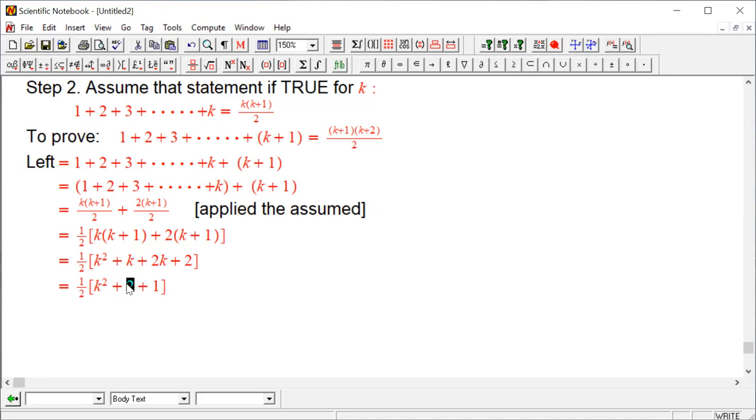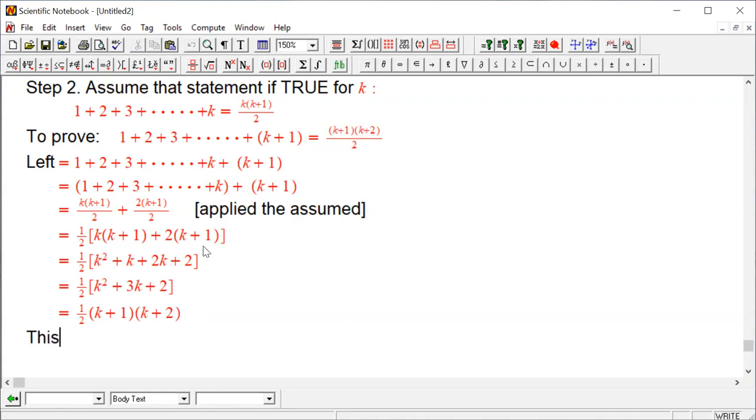So this is 3k, sorry, 3k plus 2. And if we factor the inside of the bracket, we will have 1/2 times k, k plus 1 times k plus 2, which is exactly the right-hand side.